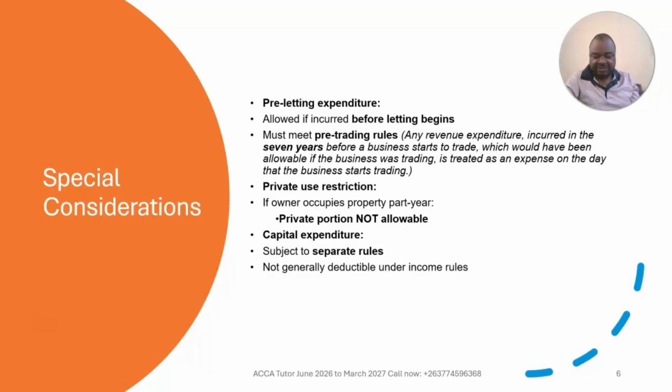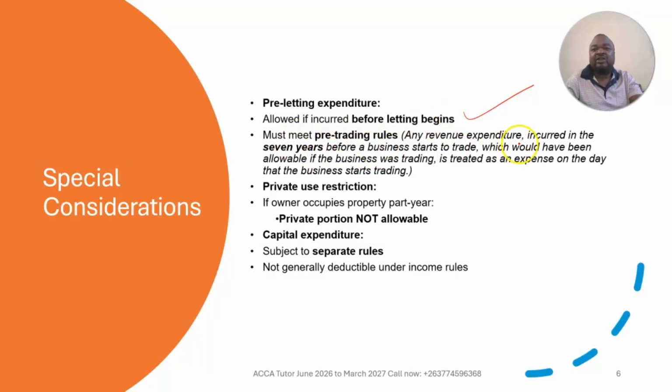Special considerations: pre-letting expenditure. Sometimes you incur expenses before you start to offer your property for rentals. These ones are allowed if incurred before letting begins. They must meet pre-trading rules.